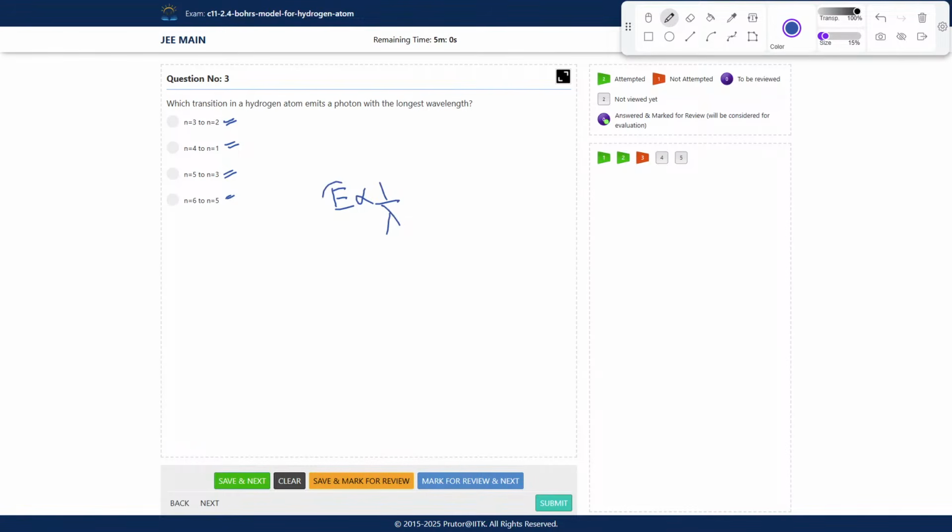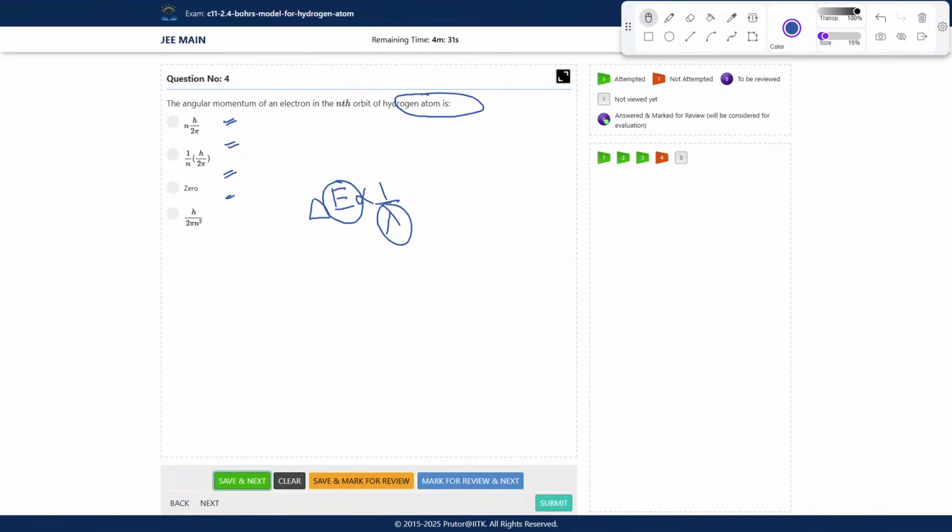So if the energy difference is maximum between the two shells, then the wavelength will be minimum, and the opposite is true. Now we have to look for the longest wavelength, that is for the shortest distance. So it will be option number 4. Very good.